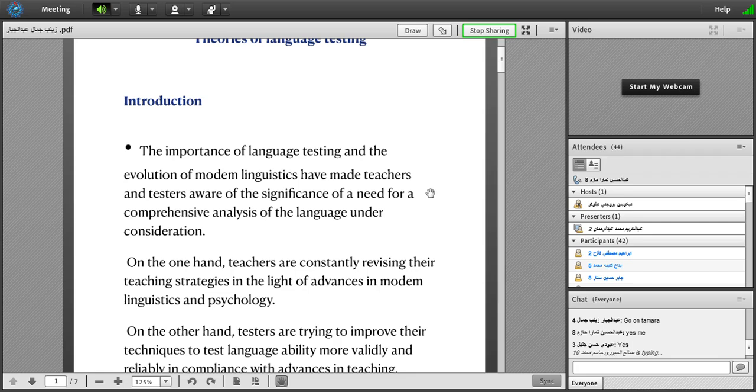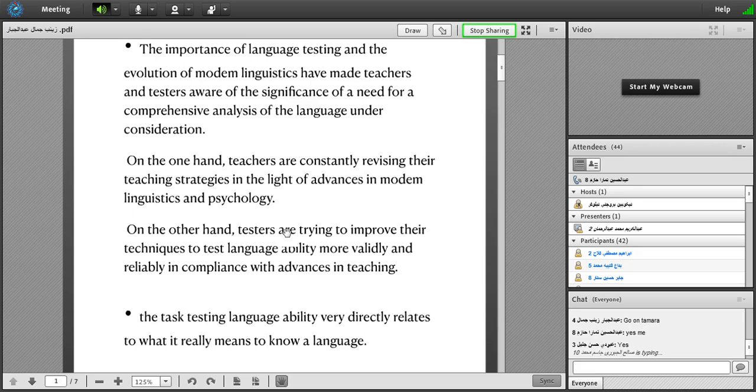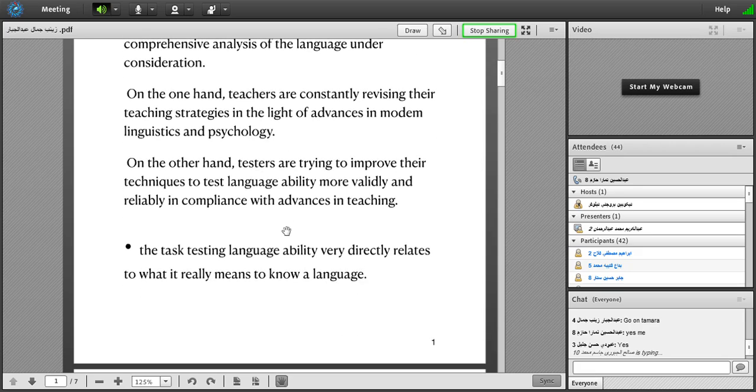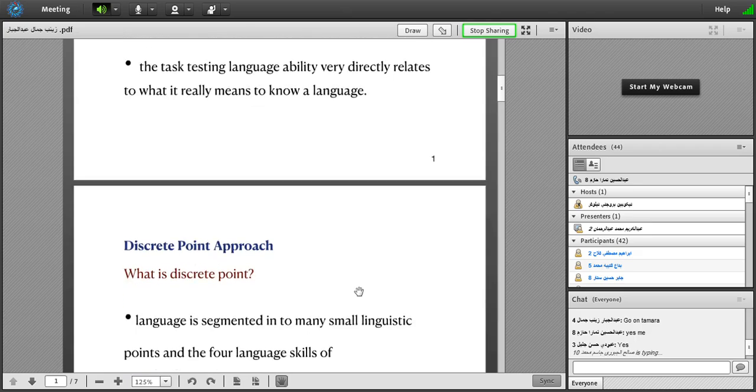On the other hand, testers are trying to improve techniques to test language ability more validly and reliably in compliance with advances in teaching. Testing language ability very directly relates to what it really means to know a language.